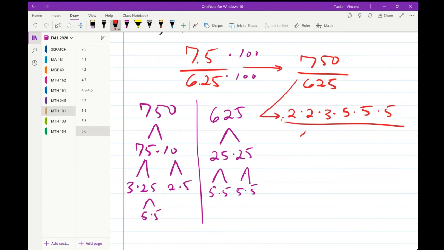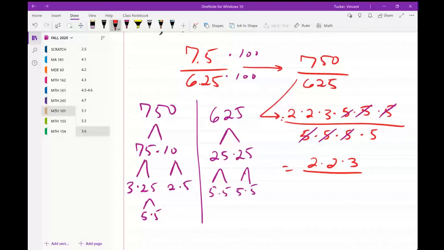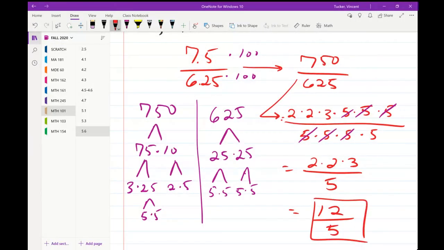And then 4 5s. So 3 of the 5s will cancel. 2 times 2, well, I'll just write it like this. That'll be 12 over 5, or 12 to 5 ratio. Do I have an extra 2? You know what?